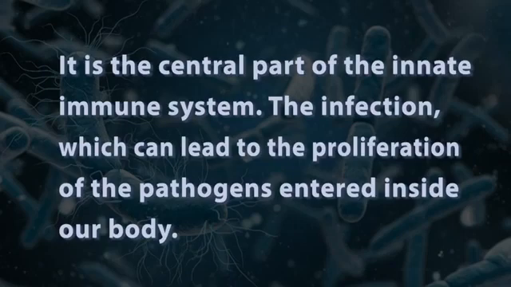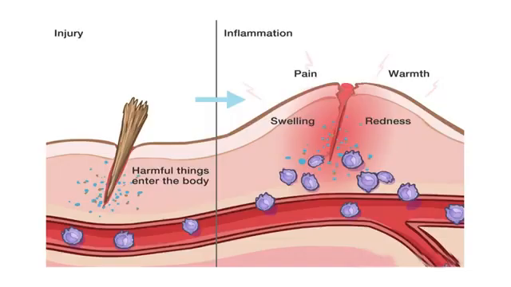Infection can lead to the proliferation of the pathogens that entered inside our body. The wound in any part of the body showing inflammation in a while is the natural process by the immune system, called the inflammatory response.